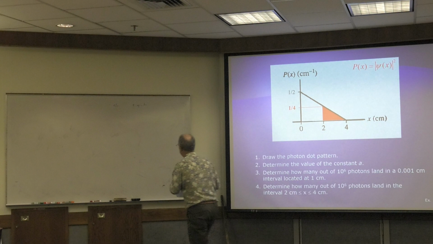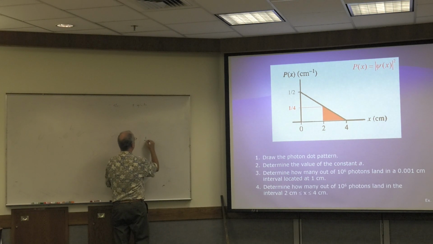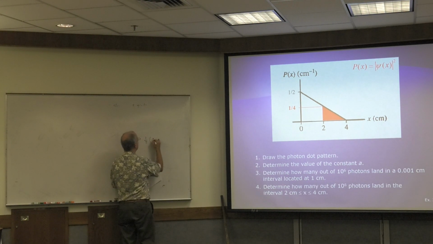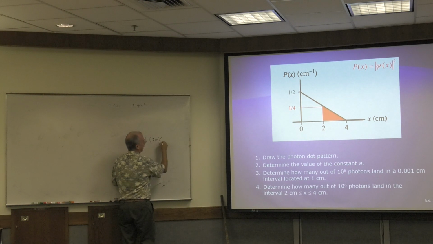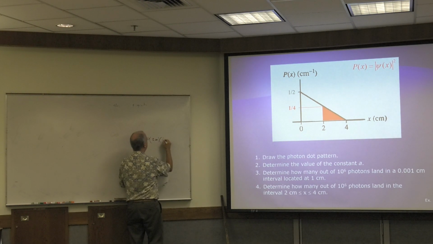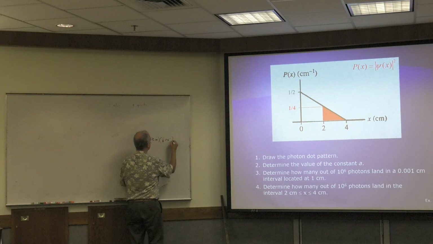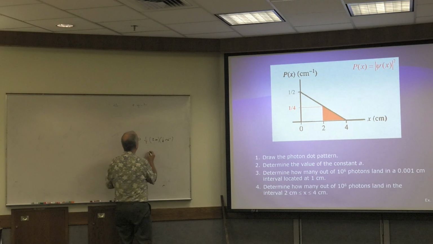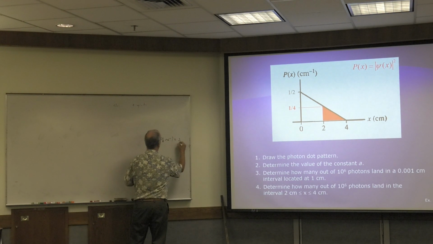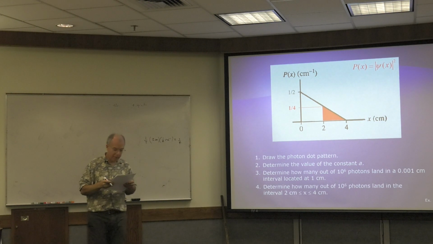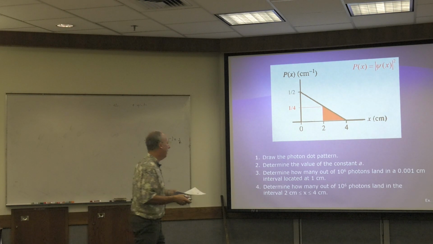So let's just do it. So it's 1/2. The base is 2 centimeters. The height is a fourth inverse centimeters. So what's that? That's a fourth, right? 25%. So that's the probability. There, we just did it.